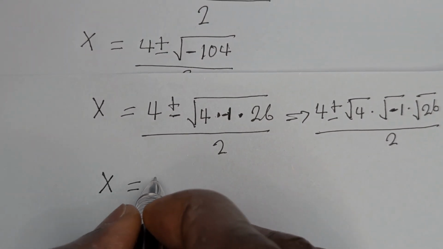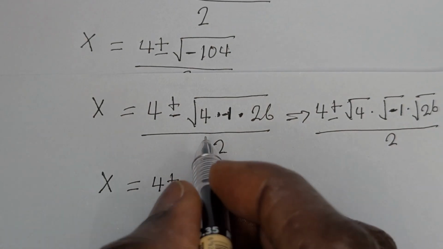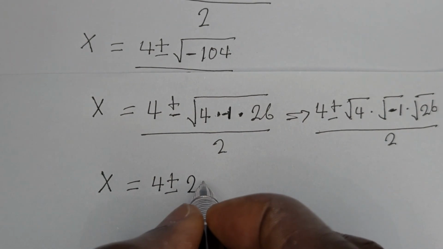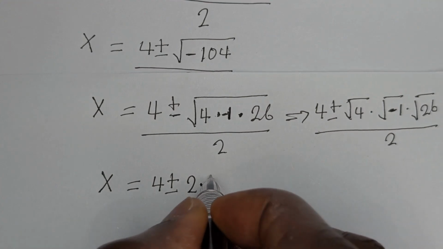x is equal to 4 plus or minus square root of 4. That is 2. Square root of minus 1 is i.